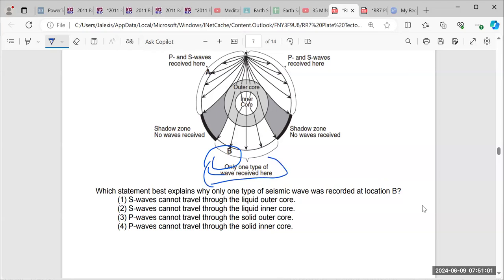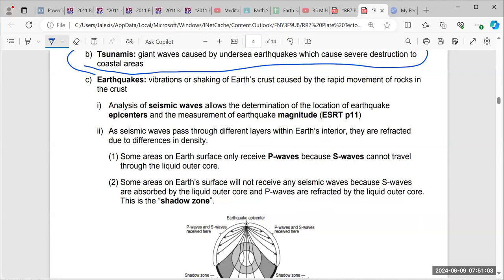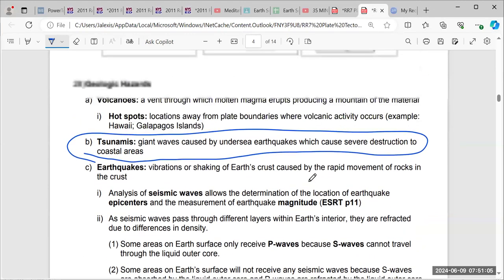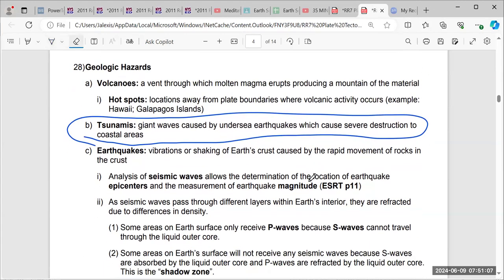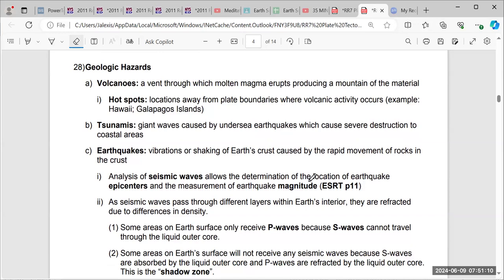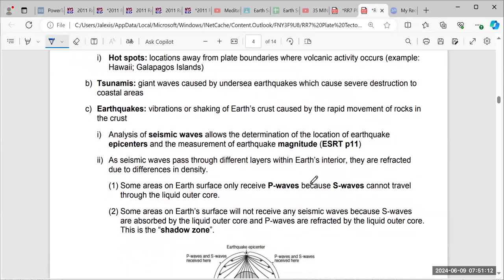So if we look at the facts, let's go to 28C. 28C, right?